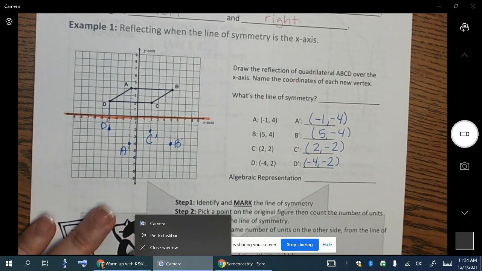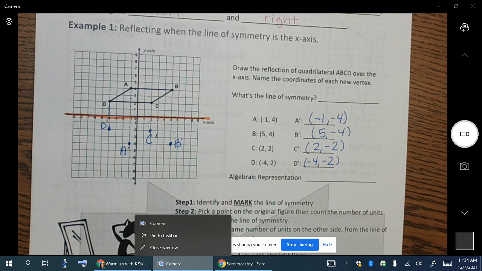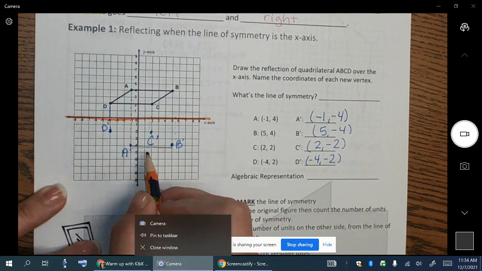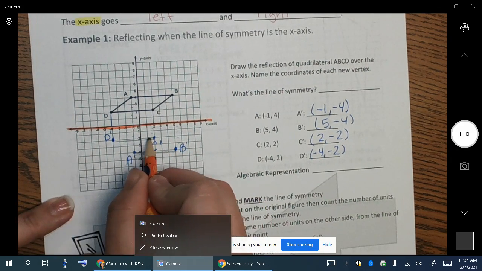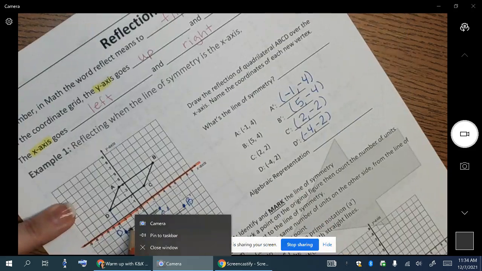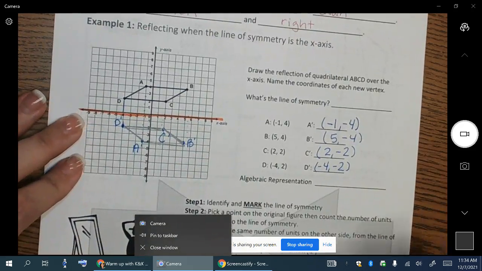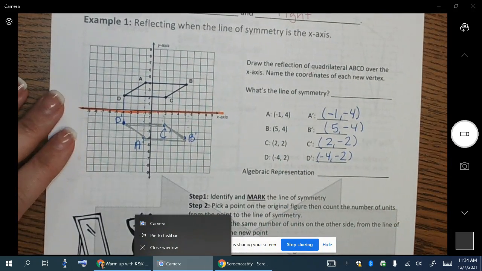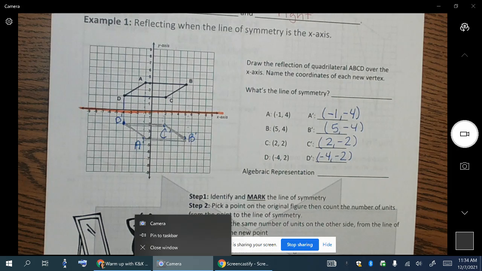That's okay. Okay. Now, once you have the points, you want to go ahead and connect them because I want to see if they make the same shape. This is where your ID comes in handy to make a nice parallelogram. Do you always know exactly that we're right if it makes the same shape?